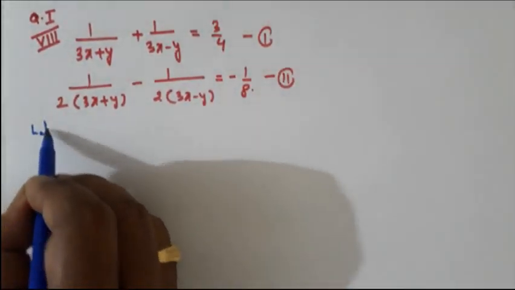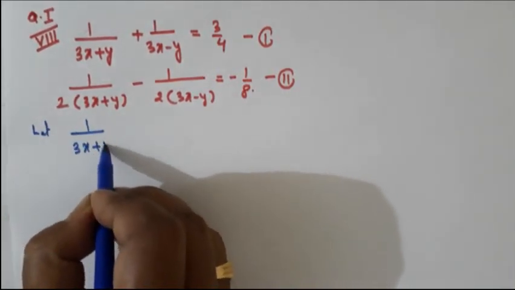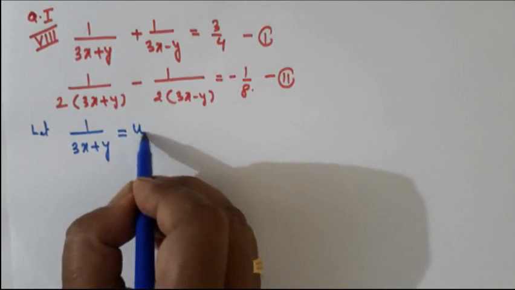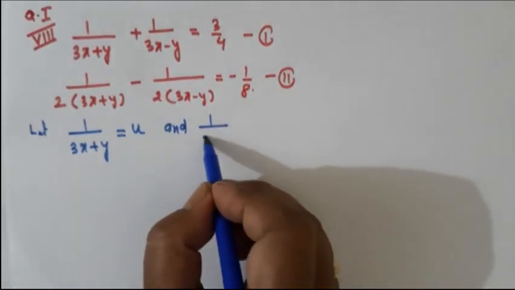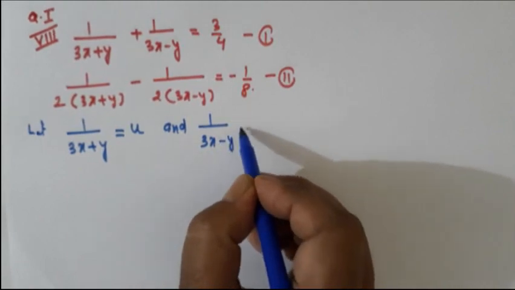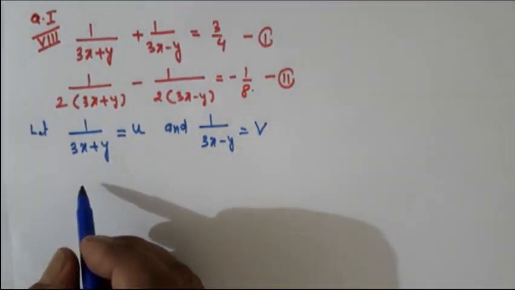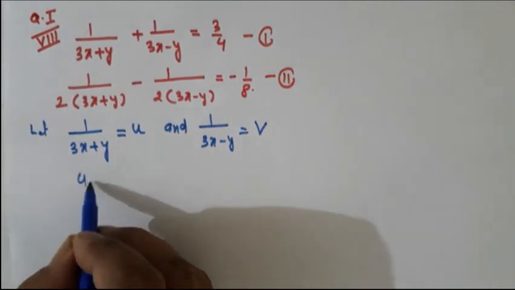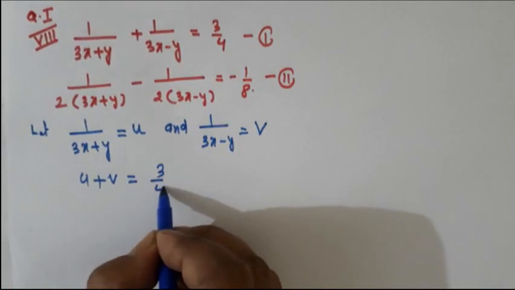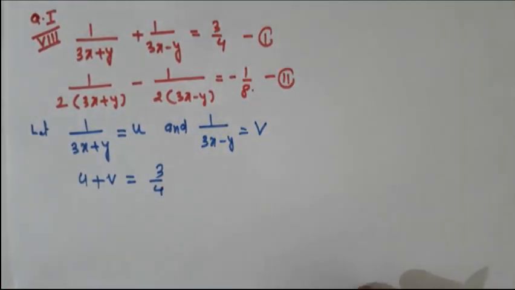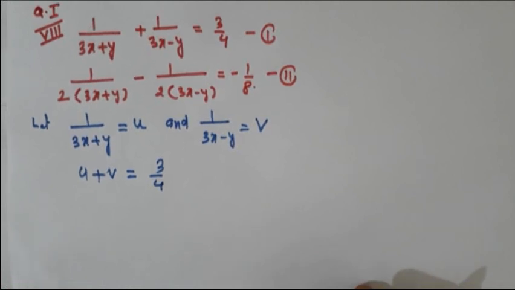Let 1 upon 3x plus y is equal to, you suppose u, and 1 upon 3x minus y is equal to v. So the first equation जो आपका है वो that will be changed in u plus v is equal to 3 upon 4, but हमें फ्रैक्शन को ख़त्म भी करना है.